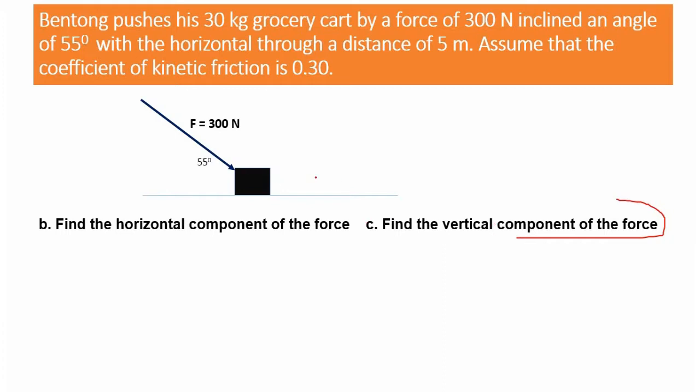Here, this is the vertical component, letter C, and the horizontal component, letter B. So how do we answer this kind of problem? For the vertical component, you use F sine theta. And for B, you use F cos theta.